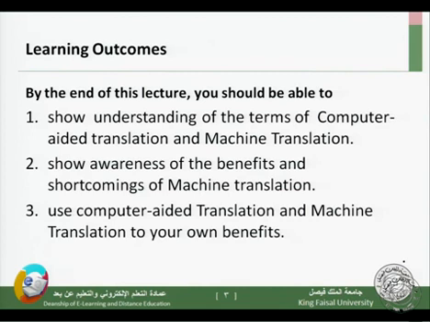And you should be able to use computer-aided translation and machine translation to your own benefits. If you could do that by the end of this lecture, it means you are a wonderful student. Very good. And I'm sure you will be. This is what I would expect of you.